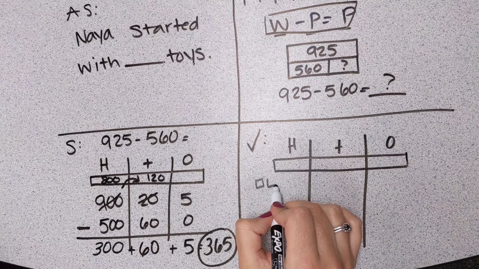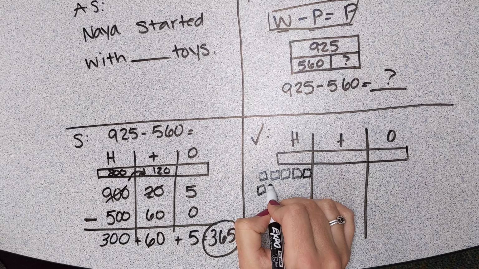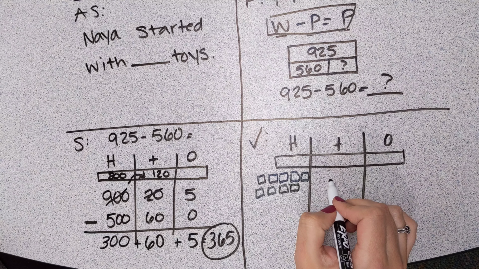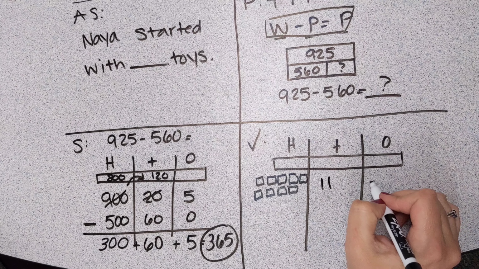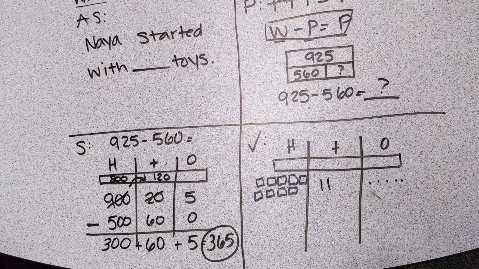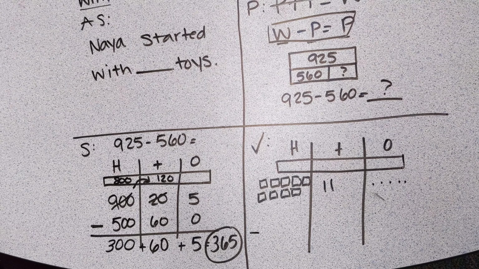So 900, 20, 25. And since I'm going to subtract, I'm not going to draw my second set of numbers.